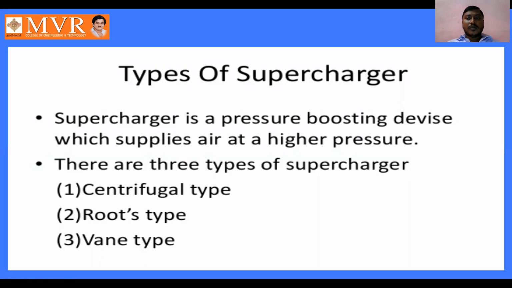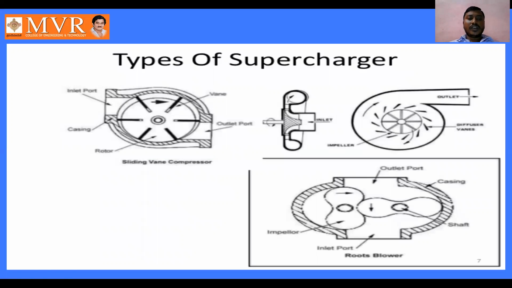These are the types used for the supercharger. Here we can observe the diagram of the supercharger: the inlet port, the casing, the rotor, the outlet port, and the vanes in the sliding vane compressor.